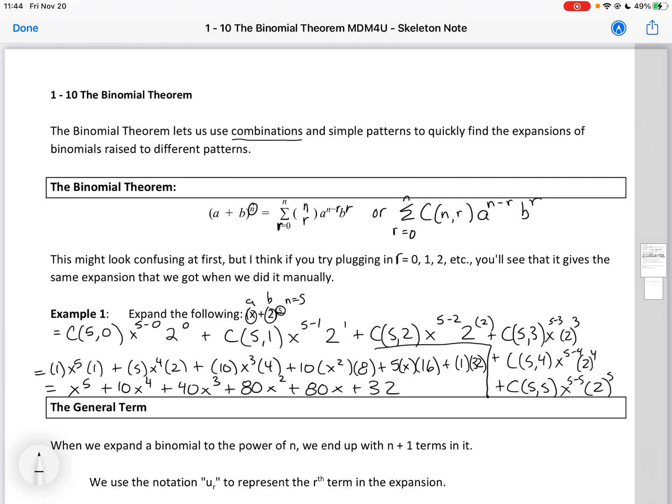Still a little bit cumbersome, but easier than multiplying it manually by hand.